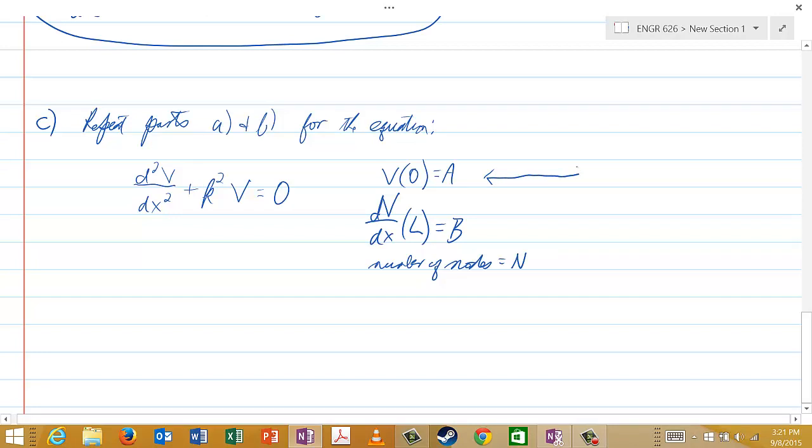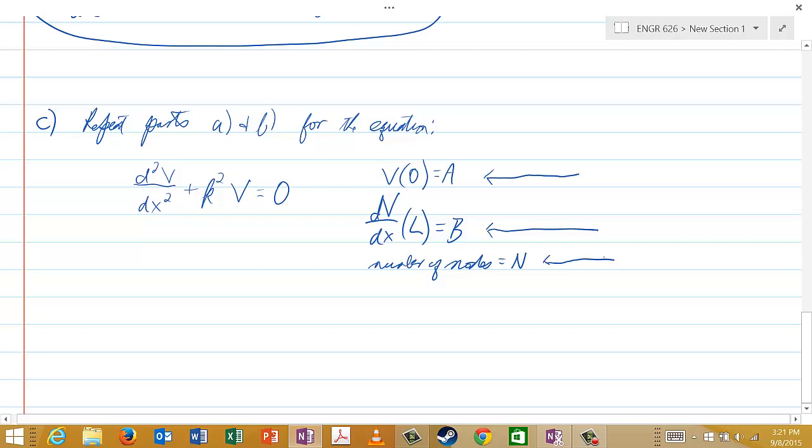And it won't change the last line of the matrix, because the last line of the matrix deals with the boundary condition at the rightmost boundary of the problem domain, which is this boundary condition, and we haven't changed that either. It doesn't change the number of lines in the matrix either, because that's governed by the number of nodes.